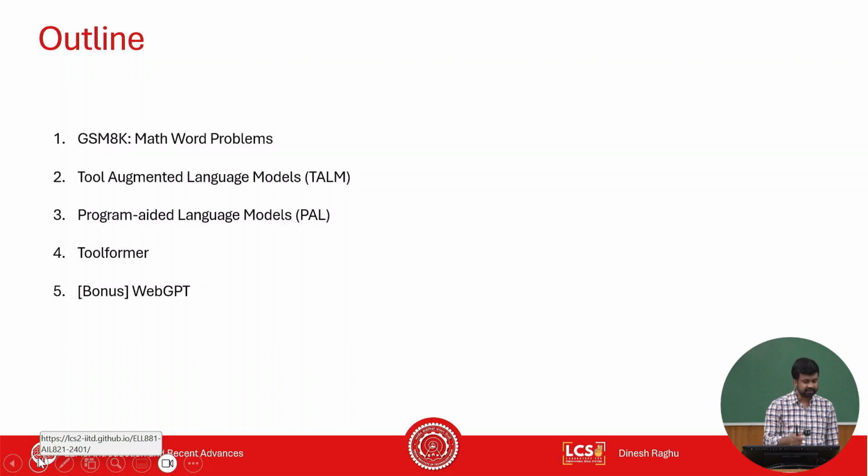And finally we'll talk about WebGPT. Again, this is from OpenAI, which will help us understand how ChatGPT uses web search as a tool. We'll go into details of the likely way OpenAI might have incorporated web search into ChatGPT.